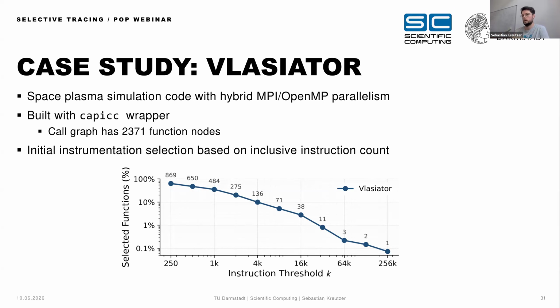And what can be seen here is that there's a kind of power law relationship between the threshold and the number of functions.